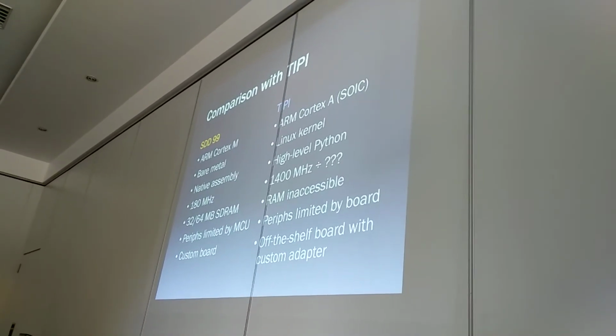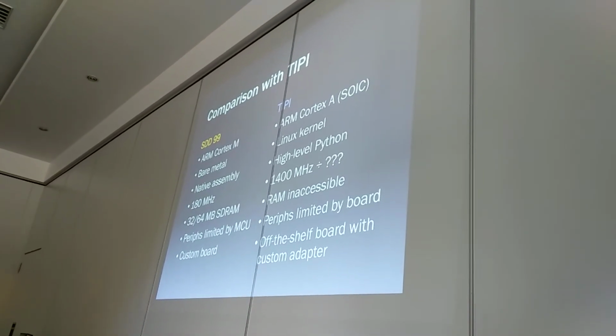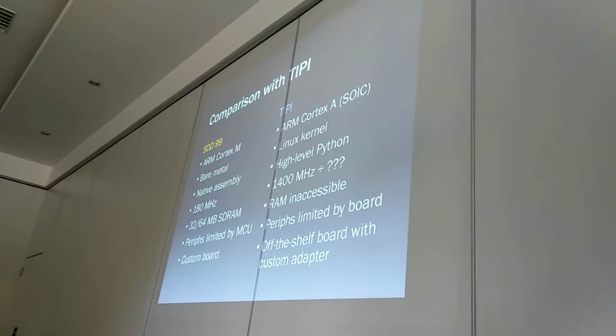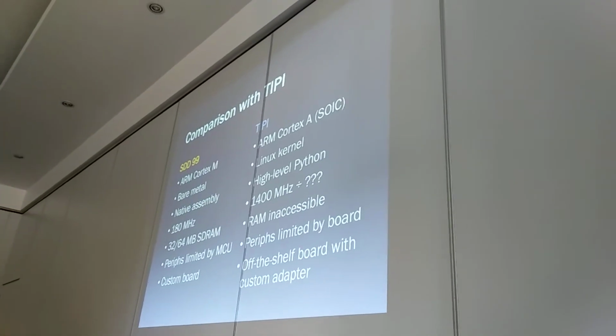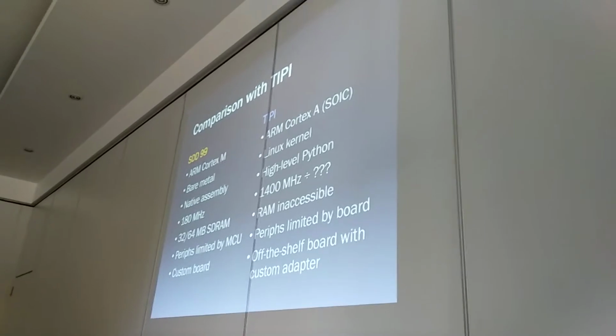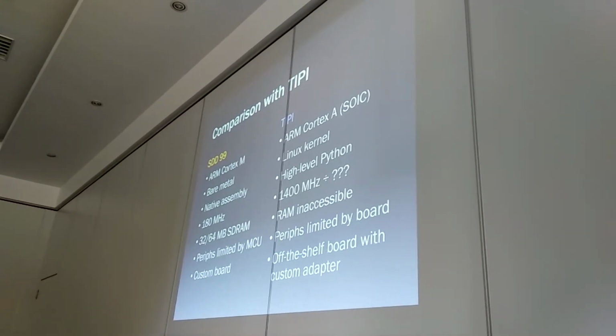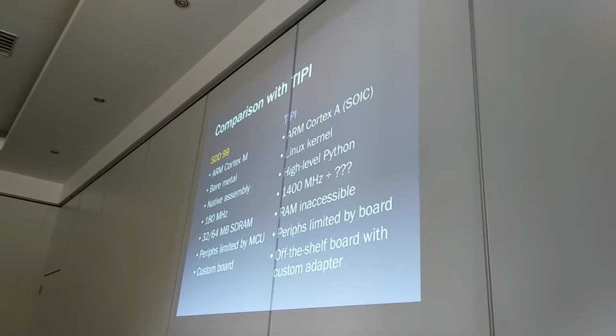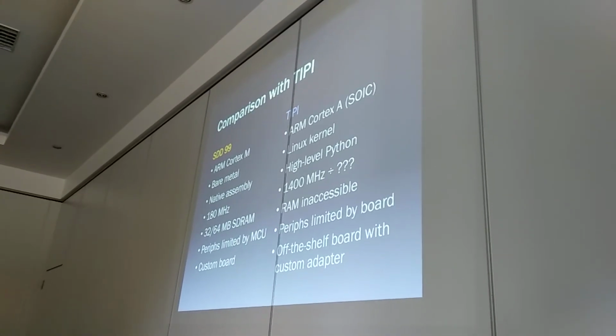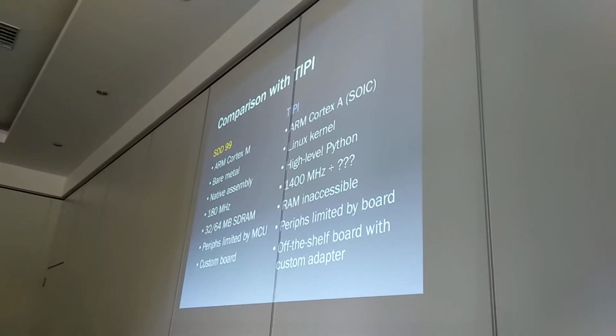TIPI, on the other hand, also has this microcontroller, but on the microcontroller runs Linux, or more precisely, the Linux kernel. And they're using Python that runs on Linux, which uses the Linux kernel on the controller.